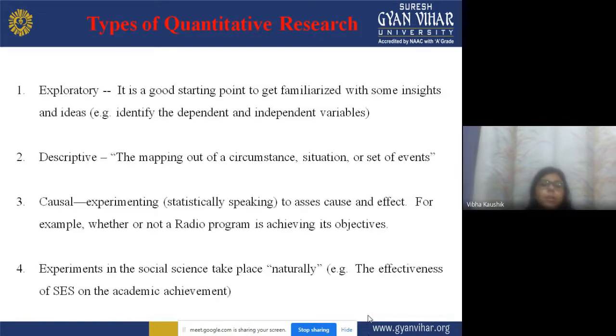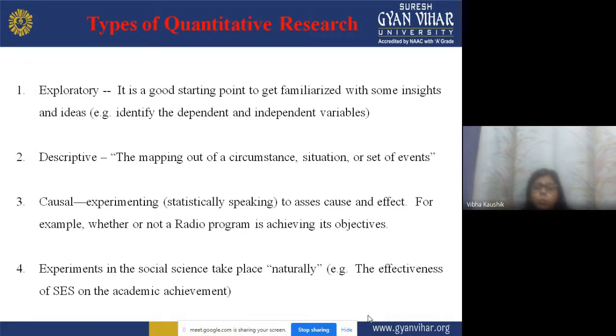Types of quantitative research. The first one is exploratory. It is a good starting point to get familiarized with some insights and ideas. Example: identify the dependent and independent variables.